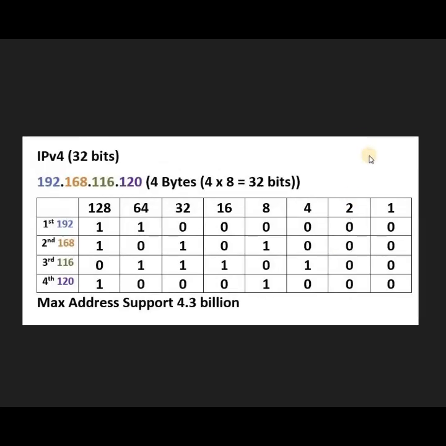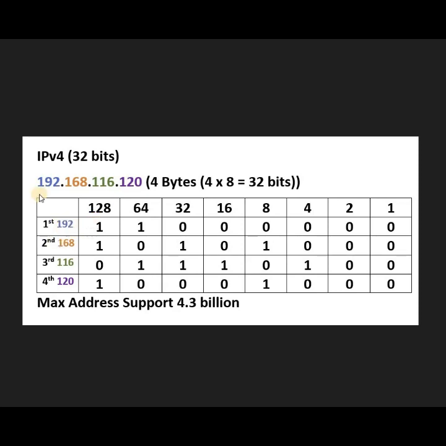Now, just to give you a little bit more information about IP addresses, the 32-bit version worked like this. It would use a byte for each of the four parts.